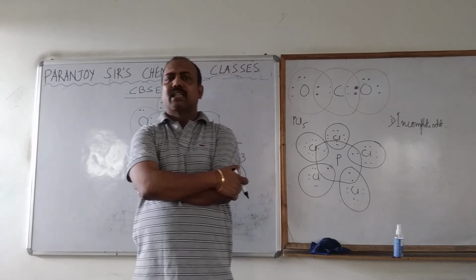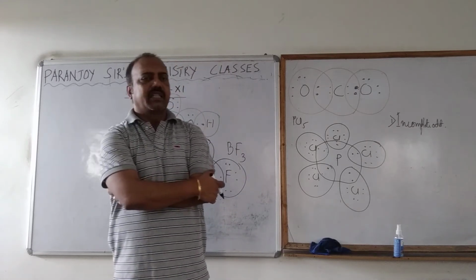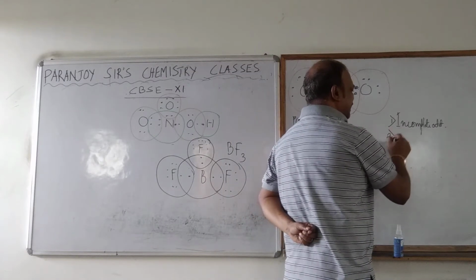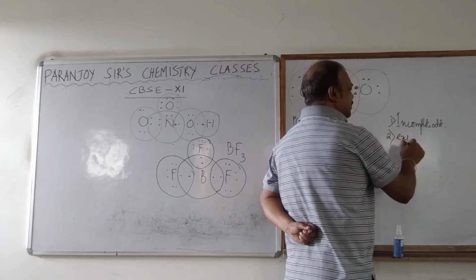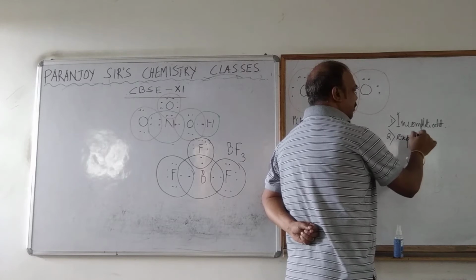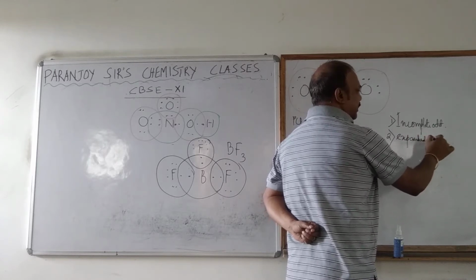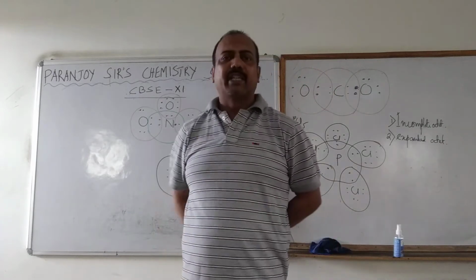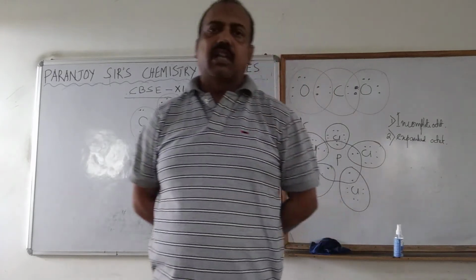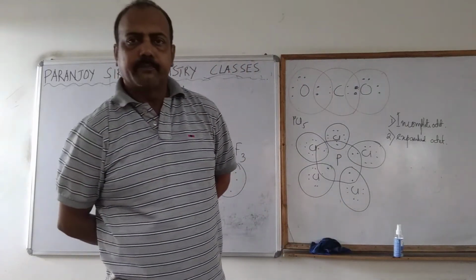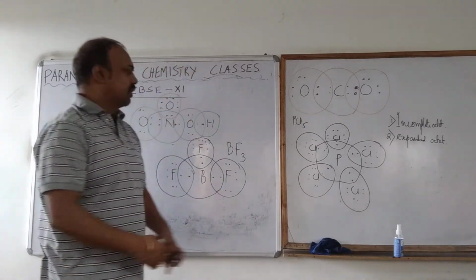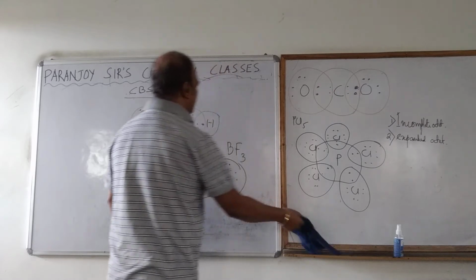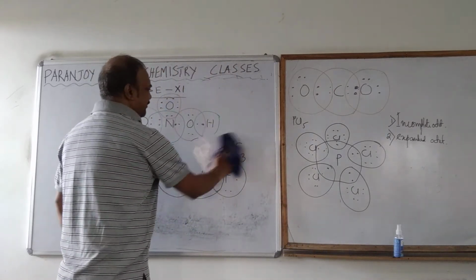This is another type of limitation, and this second type of limitation is called expanded octet, where the number of electrons of the central atom is greater than 8.